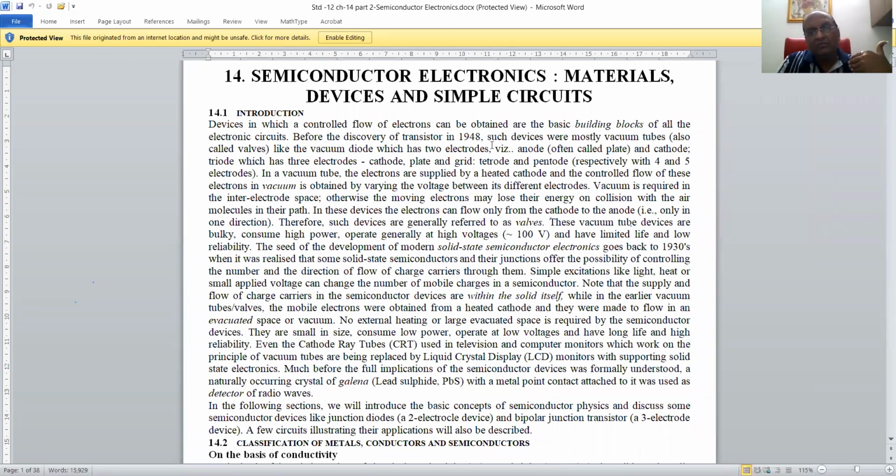So there was a time lag, and it was even costly. But after semiconductor electronics was developed, these valves became outdated.